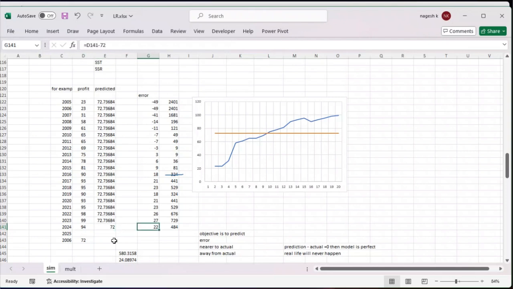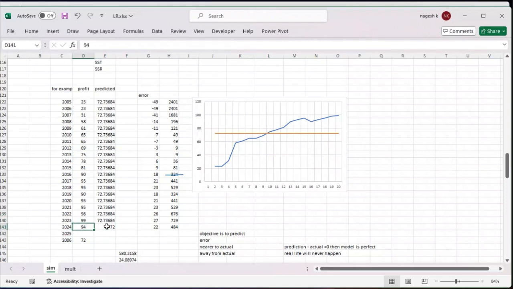The difference is 94 minus 72 equals 22. This is the error. So, in our prediction, an error has occurred with a difference of 22 points. Whatever the units, it may be 22 crores, presume that it is in Indian rupees.